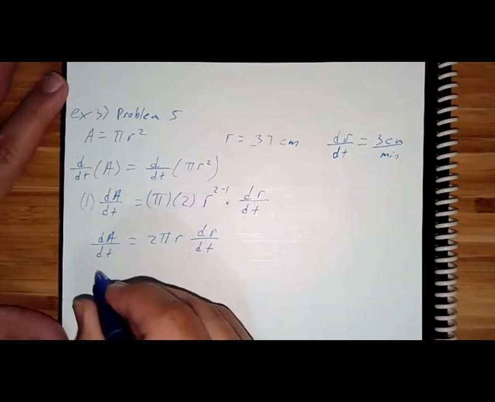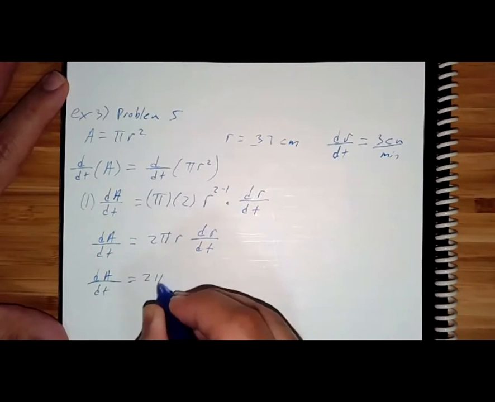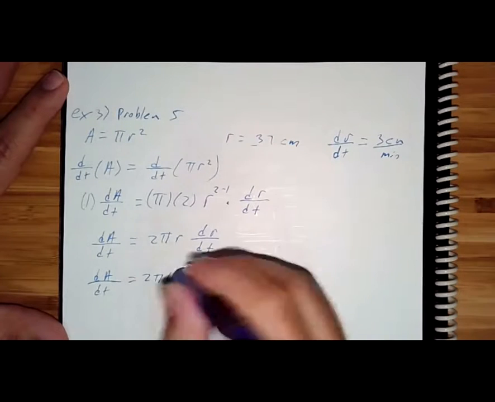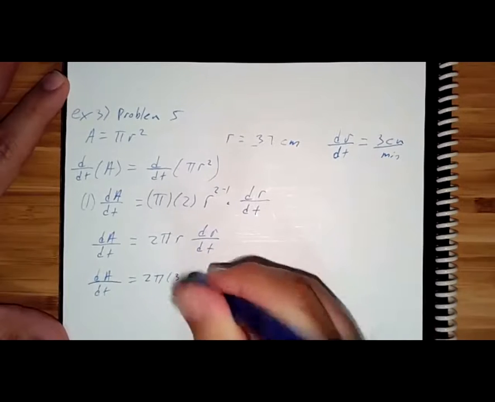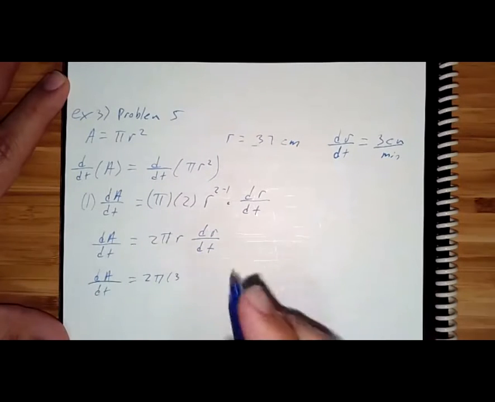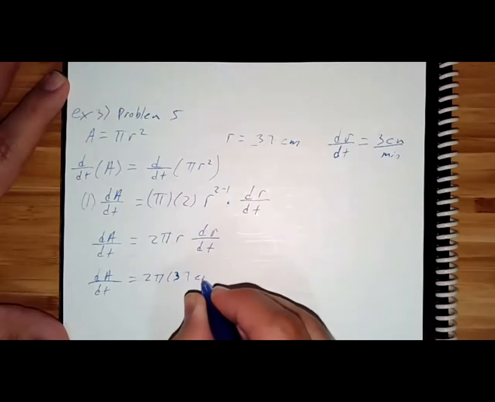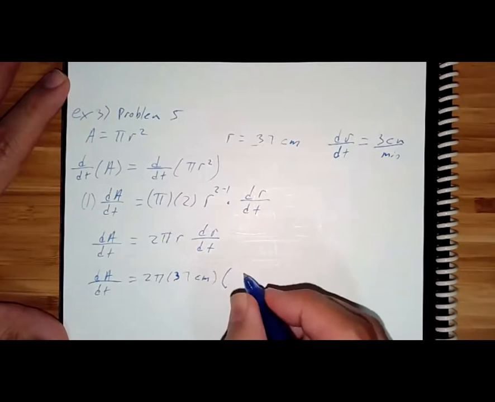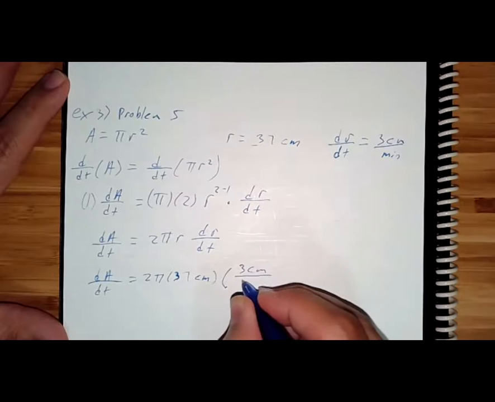So we're going to get dA dt equal to 2 pi times 37 centimeters times 3 centimeters per minute.